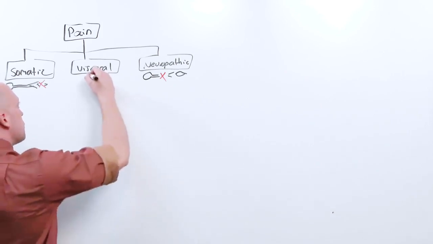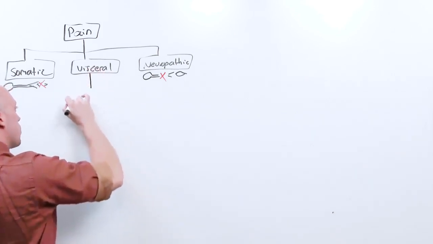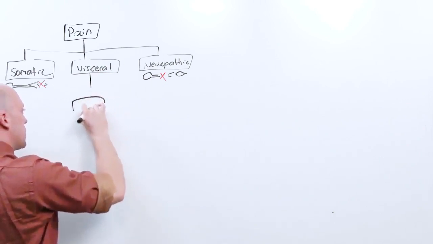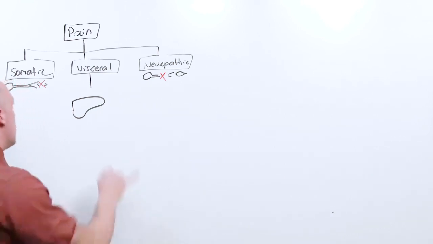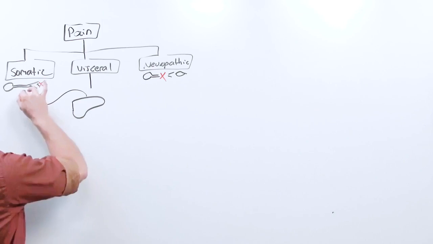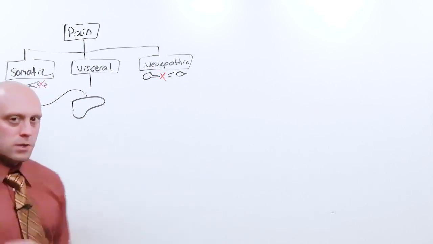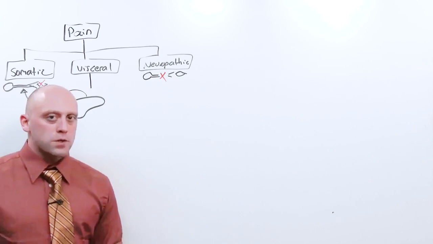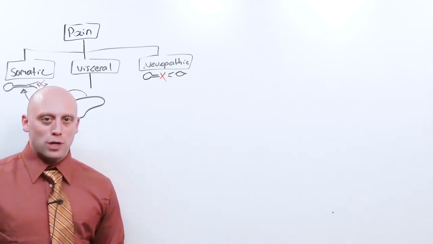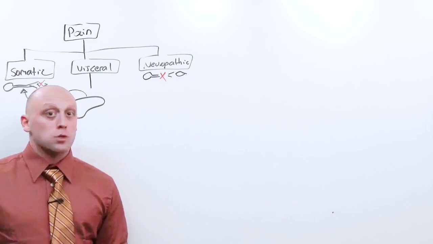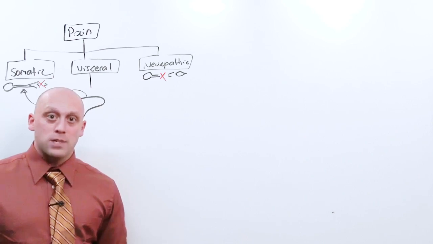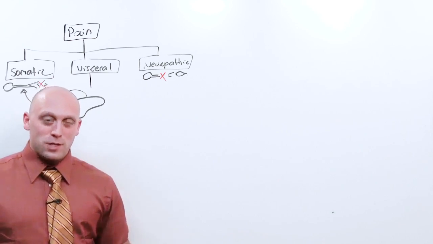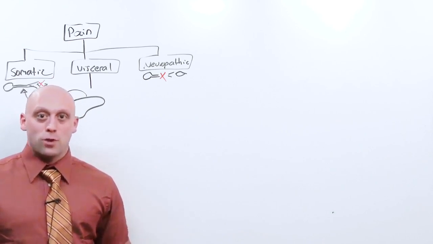And then there's visceral. Visceral organs don't have any pain receptors. Instead, what they do is they hijack the nerves above the skin of their embryologic origin, which is why if you kick a guy in the nuts, there might be abdominal pain, because they refer pain to the site of embryologic origin, which is where the ovaries are.